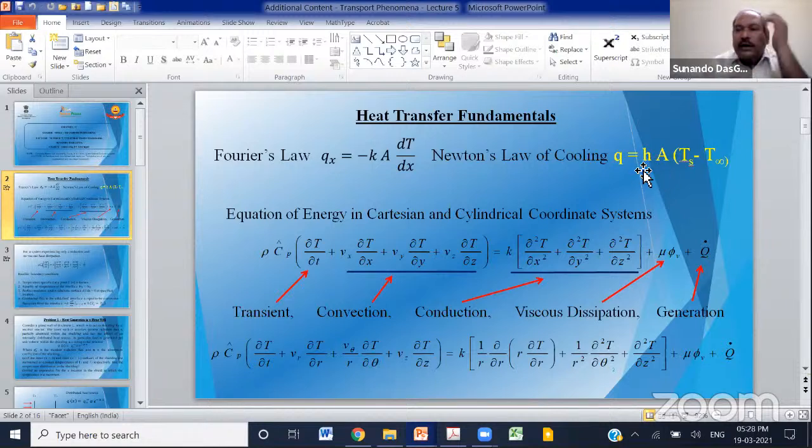So the main part of convective heat transfer is to find relations and correlations for h. And you are aware of the dimensionless group that is associated with h, that is the Nusselt number, defined as hD by k, where h is the convective heat transfer coefficient, D is the length scale.